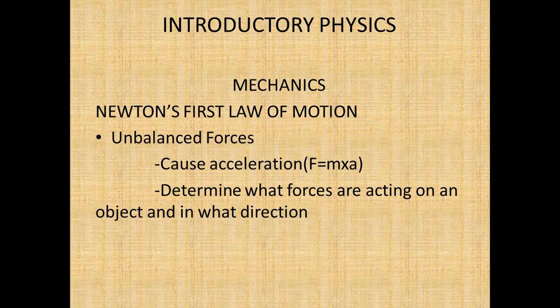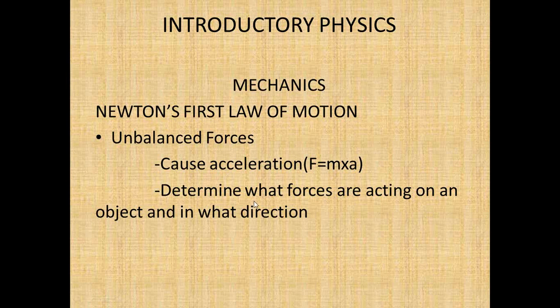Again, remember, if you're standing in your living room, the downward force is going to equal the upward force. You're not going to be going anywhere. However, if something hit you and you went up, that is the unbalanced force. And you're going to accelerate because force is equal to the mass of an object times the acceleration of an object.